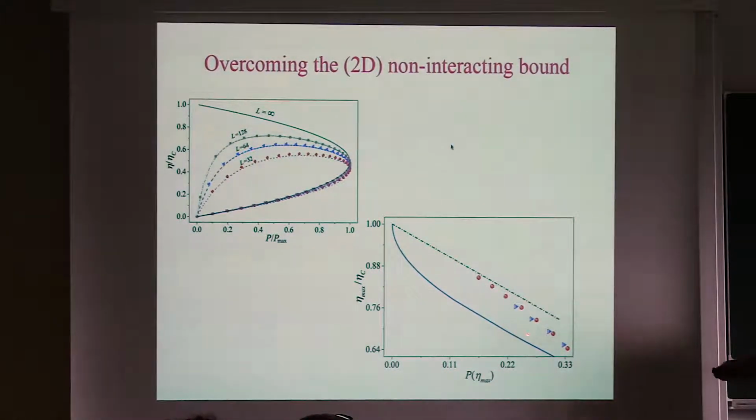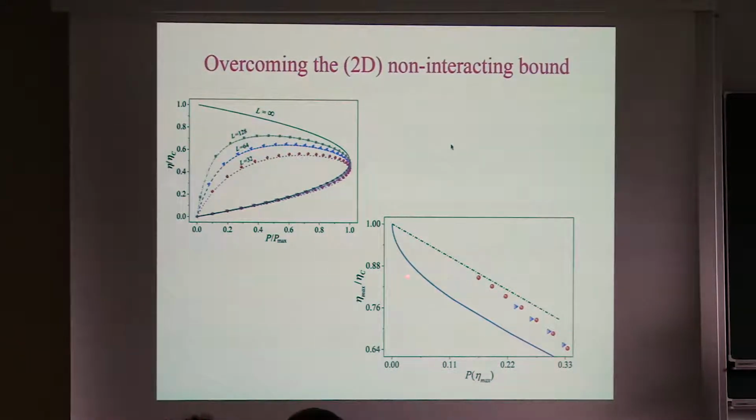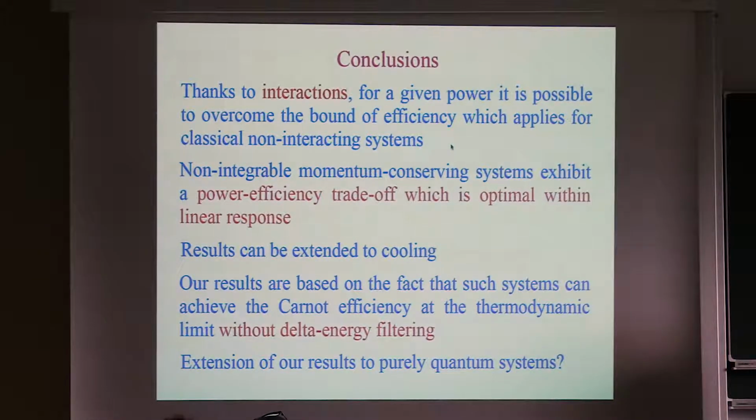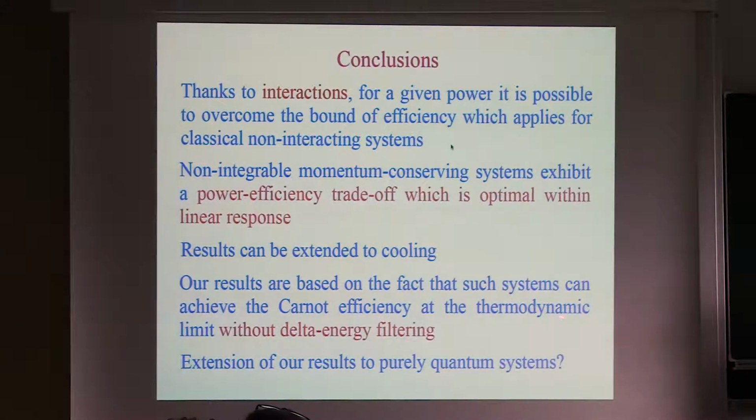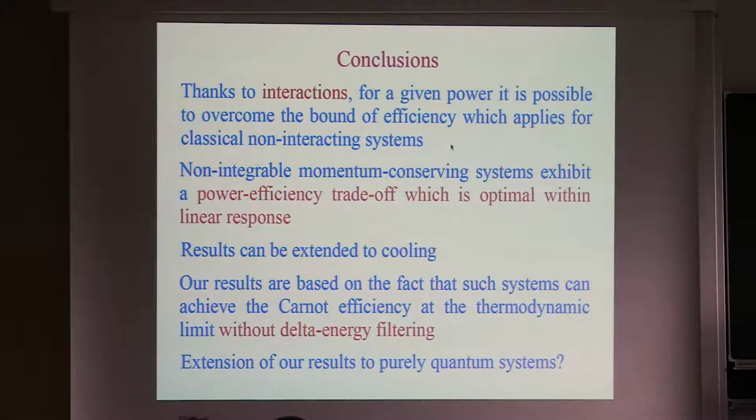These are 2 kinds of points. In one case, we computed directly, looking at this picture where you have maximum efficiency. In the other case, we extracted from linear response, just to check that you get a compatible result. So it seems that this result is rather generic, so that thanks to interaction, it is possible for a given power to overcome the bound on efficiency which applies for classical non-interacting systems. This is the first conclusion.